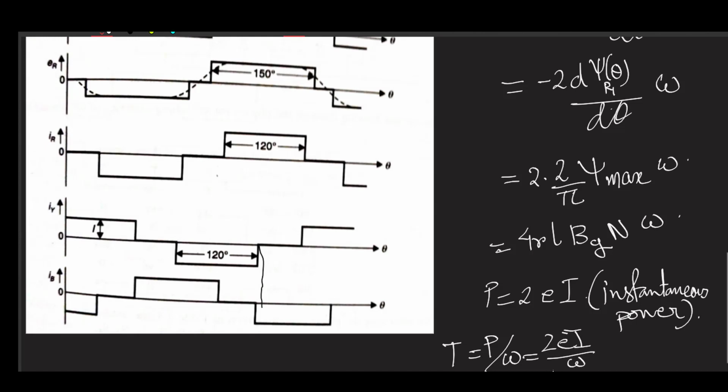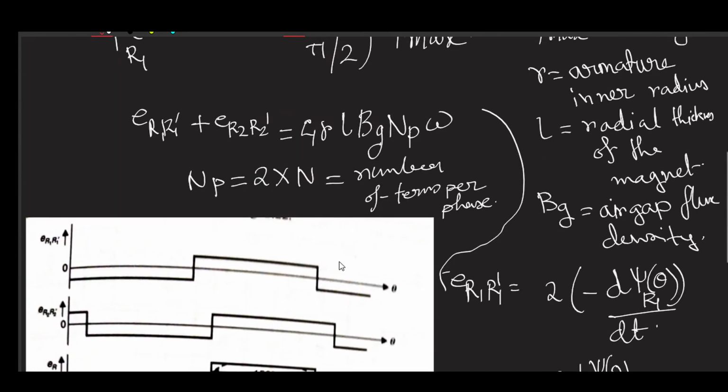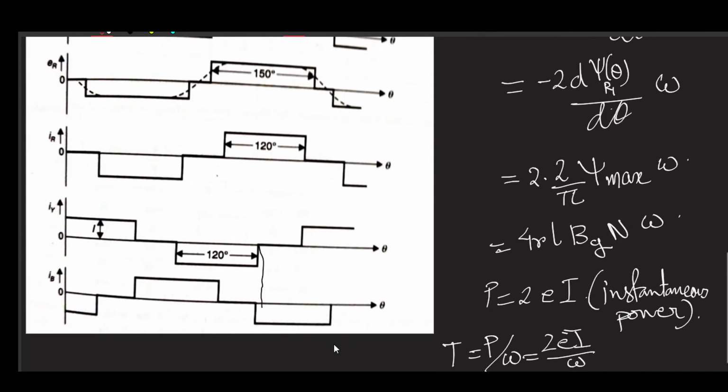Now this 2 EI by omega is what? This 2E is actually equal to your this one. So your torque equation will become 4 R L B G N P. Omega is not here.